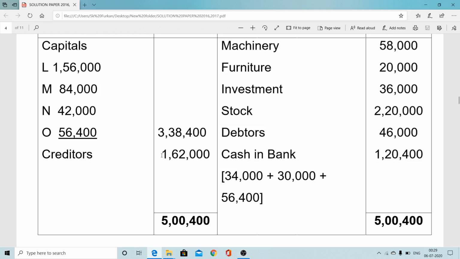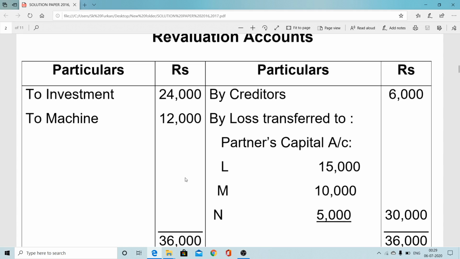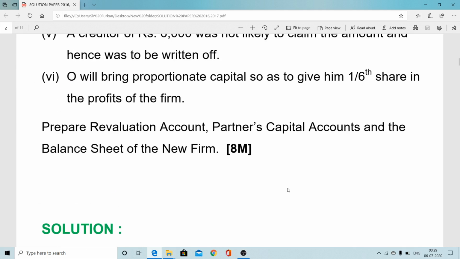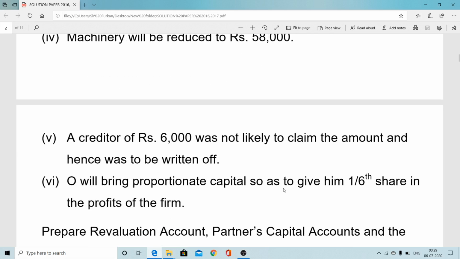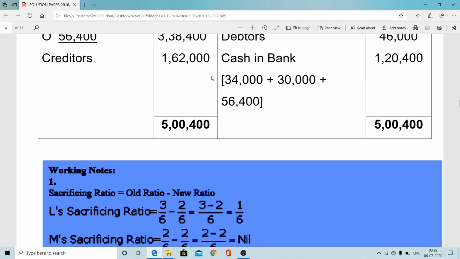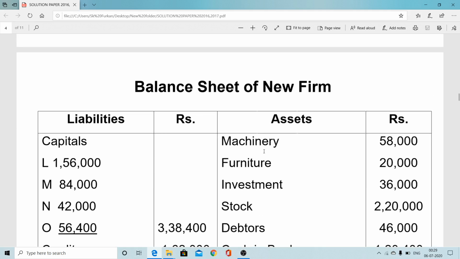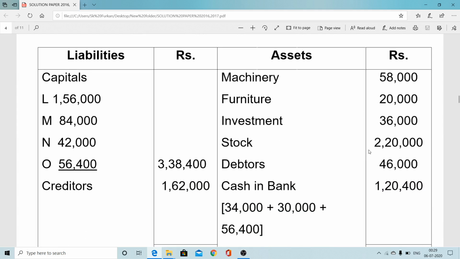And creditors are coming to 1,62,000, because a creditors amount of 6,000 needs to be paid. Earlier the creditors value was 1,68,000, so if we deduct 6,000 it is 1,62,000.